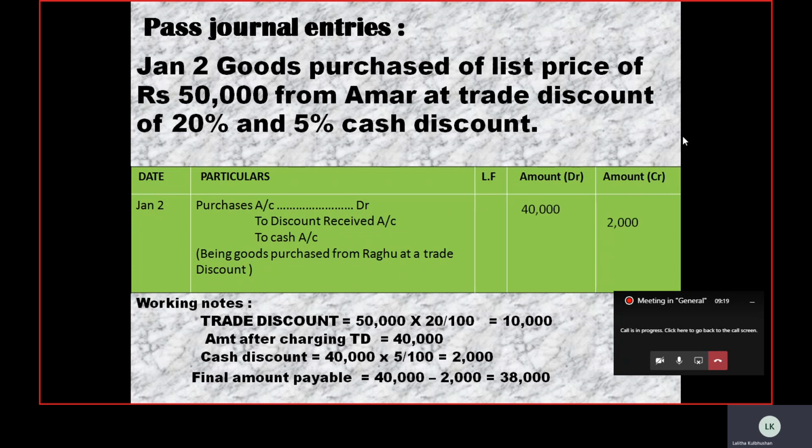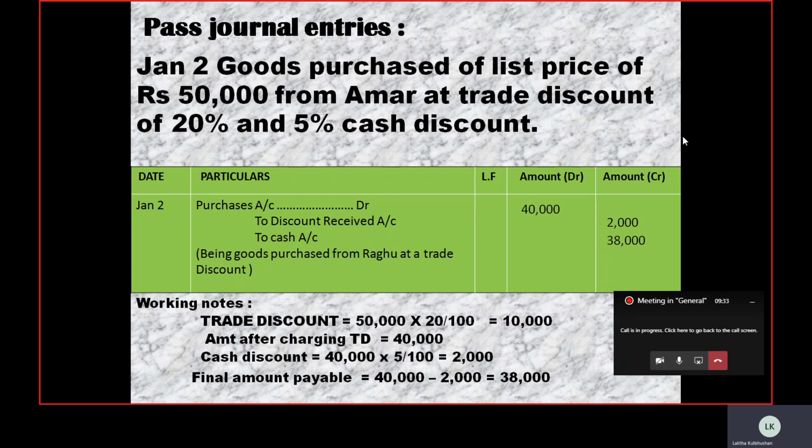So I can get the 38,000 here by doing 40,000 minus 2,000 also, because only the cash amount is missing. So even in this way, I can calculate 40,000 minus 2,000 and get the value here as how much?